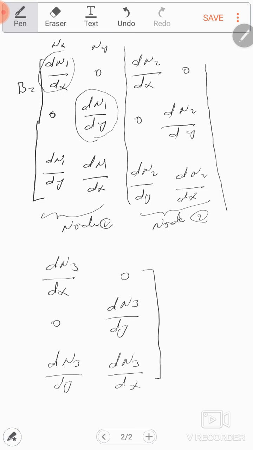This is our B matrix, because we need the D matrix and the area. Here we found only the B matrix, but then we will find the D matrix also.